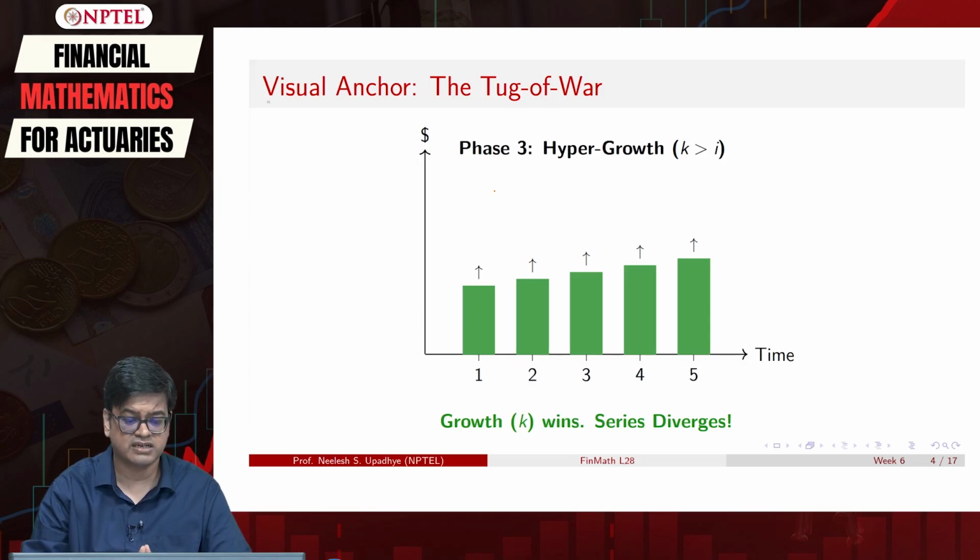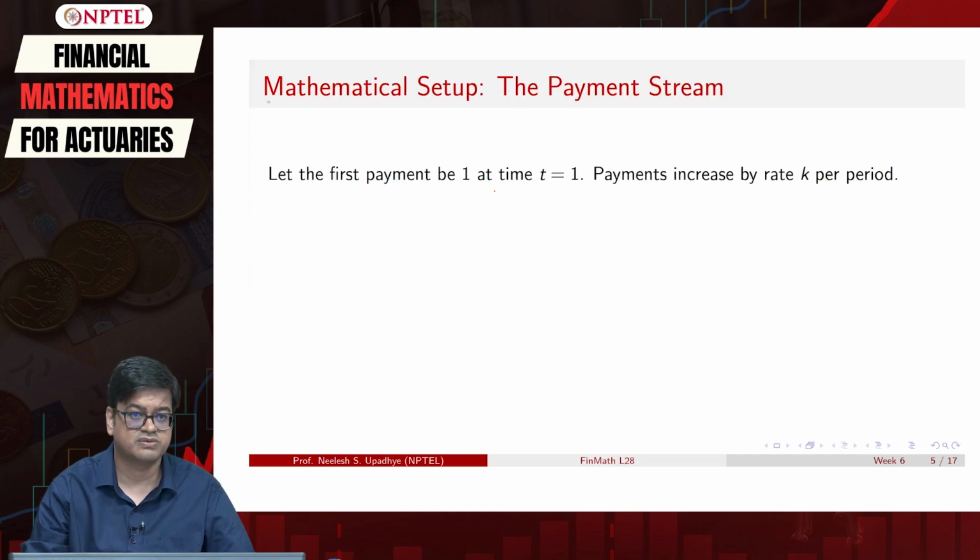So, let us understand this particular tug of war mathematically. We will do the mathematical setup of payment streams where the growth is given to you. You have the first payment at time 1, which is 1, and the payments are increasing at the rate of k per period.